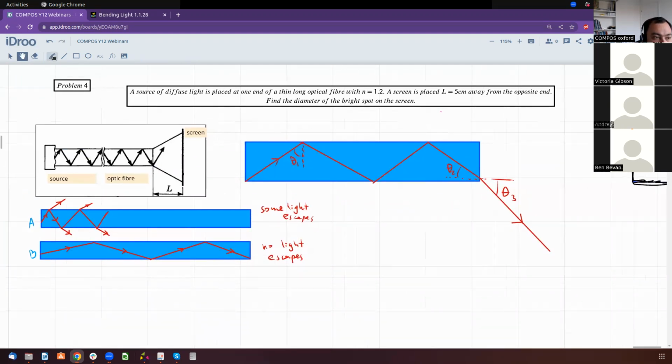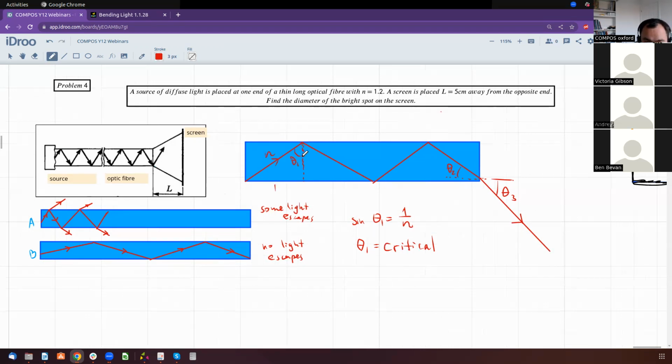And we know that θ1 is the critical angle. We know that sine θ1 is 1/n, because θ1 is critical. Therefore, sine θ1 is 1/n. So we can say that this is 1, this is n.